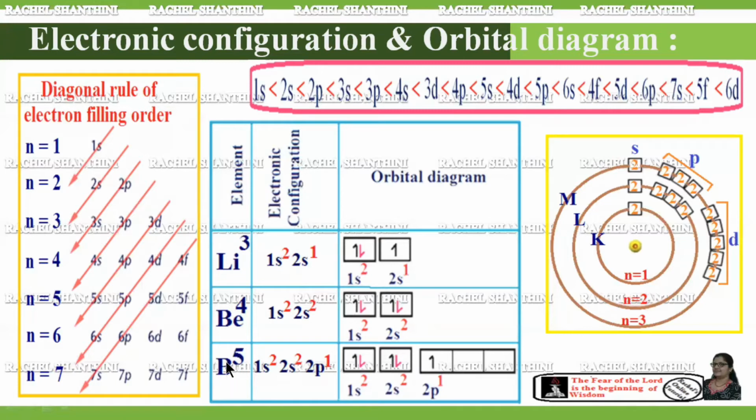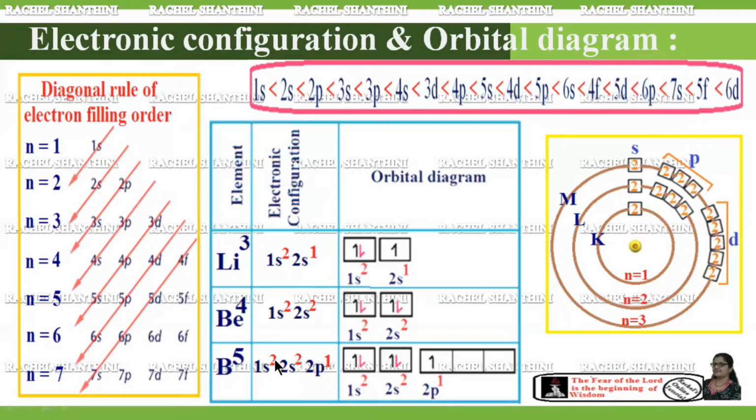Now coming to boron. Boron has how many electrons? 5 electrons. Shall we start writing the electronic configuration in scientific notation? For that, let us use this diagonal rule. First one is 1s, because we have to move from the top right corner to the bottom left corner, right? Coming to the next diagonal line, we have 2s. We know that this s orbital can accommodate only 2 electrons.